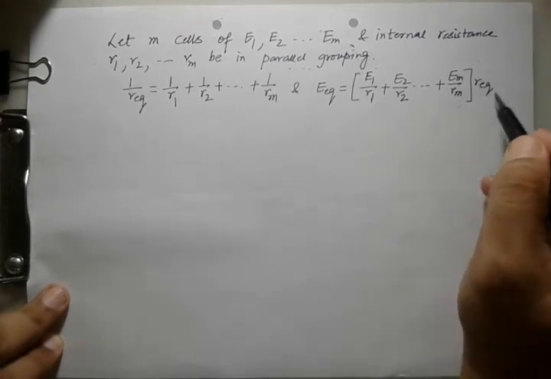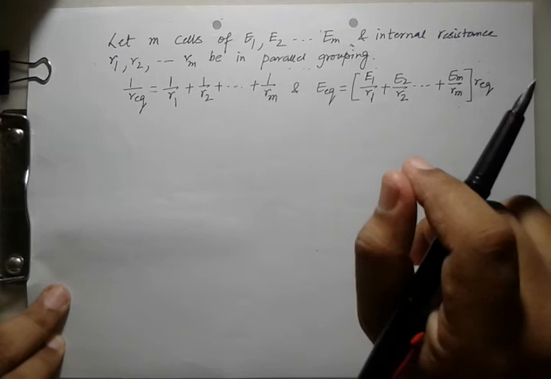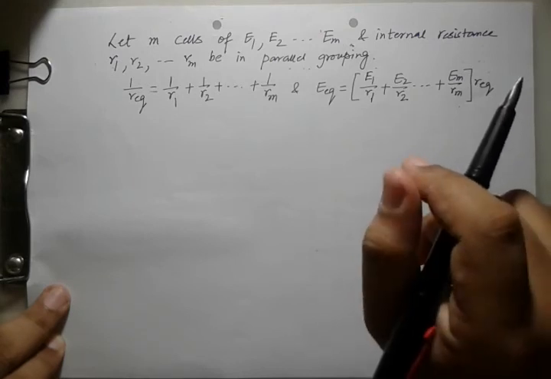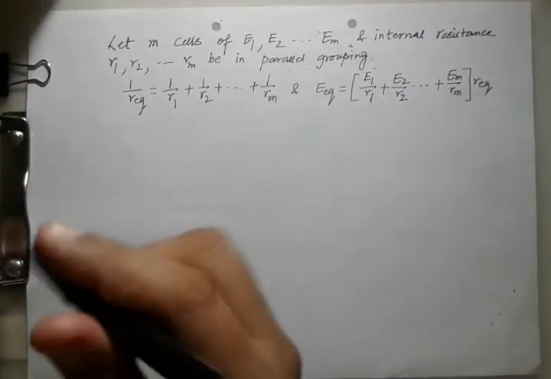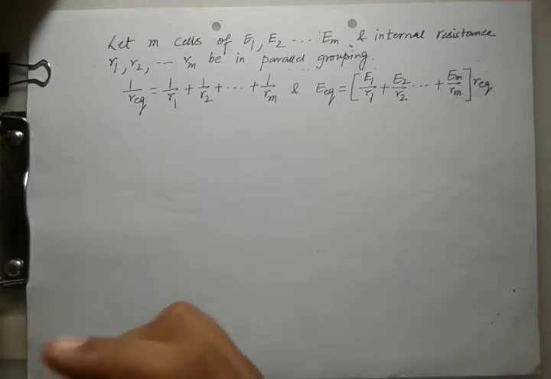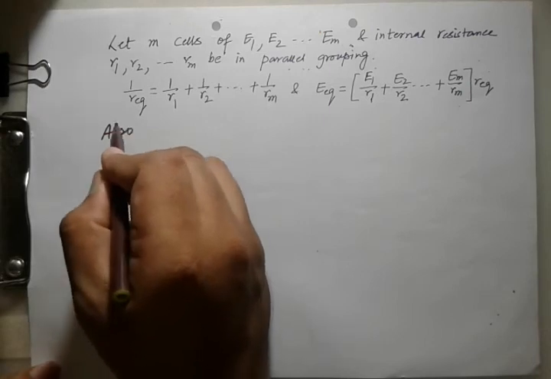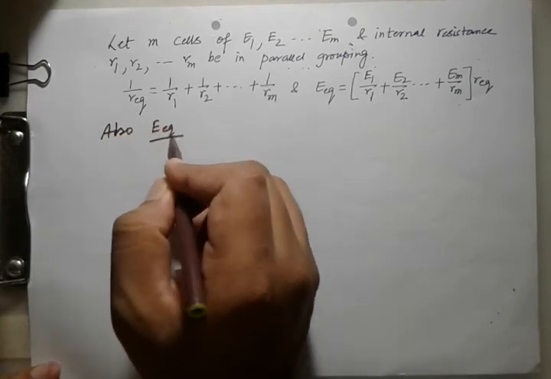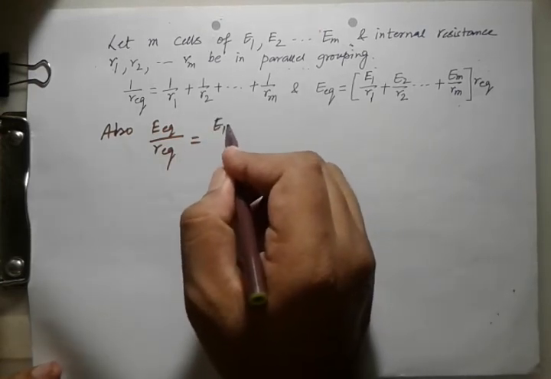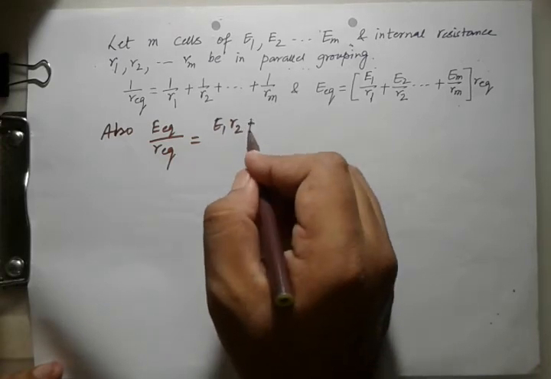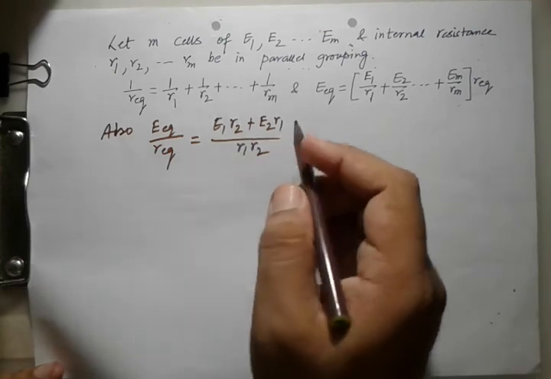That is R equivalent, the thing we proved. Also, you can find E equivalent by R equivalent, which is E1 R2 plus E2 R1 by R1 plus R2.